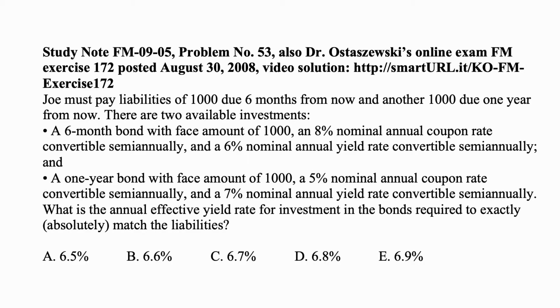Joe must pay liabilities of $1,000 due 6 months from now and another $1,000 due 1 year from now. There are two available investments: a 6-month bond with face amount of $1,000 and 8% nominal annual coupon rate convertible semi-annually, and a 6% nominal annual yield convertible semi-annually, and a 1-year bond with face amount of $1,000, a 5% nominal annual coupon rate convertible semi-annually, and a 7% nominal annual yield convertible semi-annually.